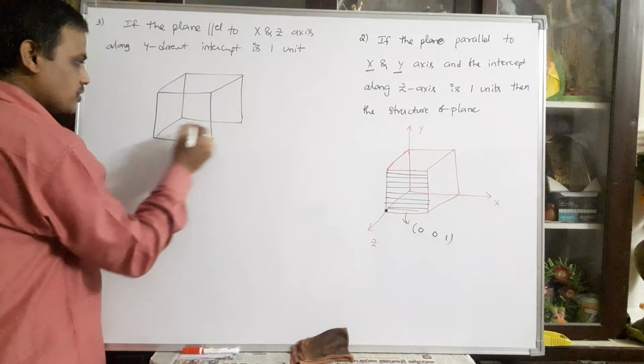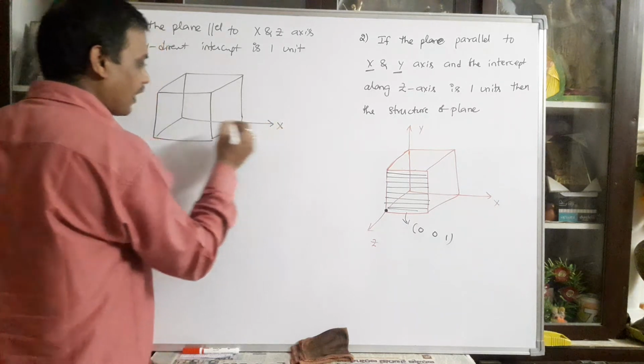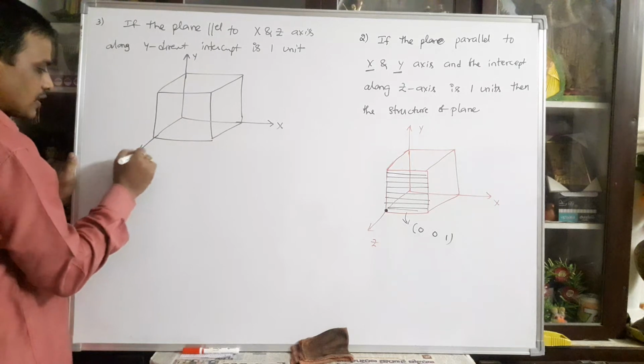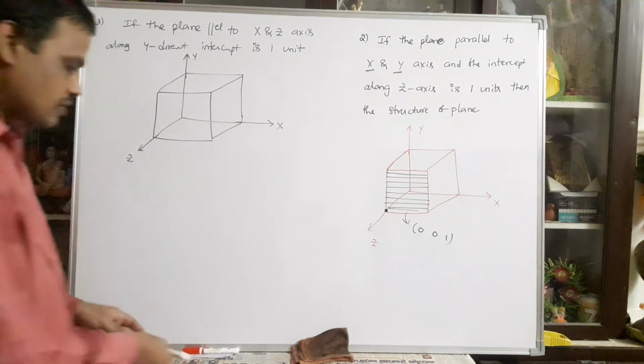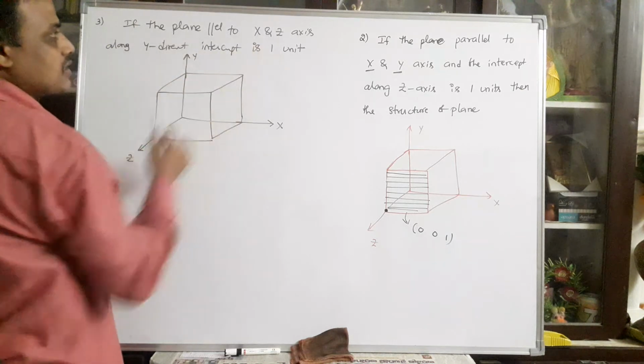In this cubic structure you can show the crystallographic axes, x axis, y axis and z axis. So these are the three crystallographic axes. According to the data, the plane is parallel to the x and z directions.